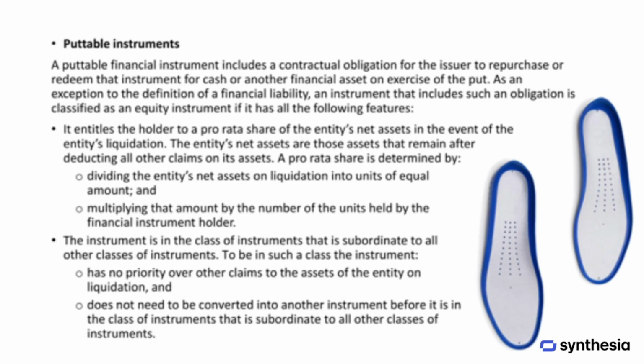This share is calculated by dividing the net assets into equal units and multiplying by the number of units held by the instrument holder. Second, the instrument must belong to a class that is subordinate to all other classes, meaning it has no priority over other claims on the entity's assets during liquidation and does not need to be converted into another instrument to be considered subordinate.